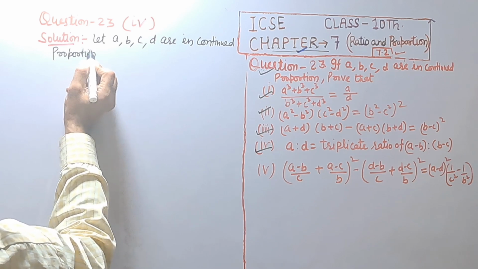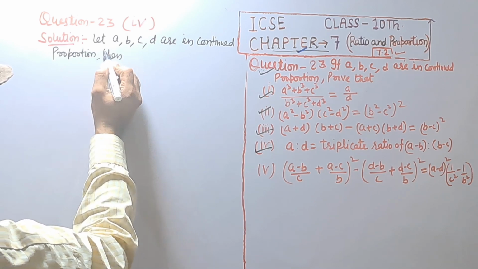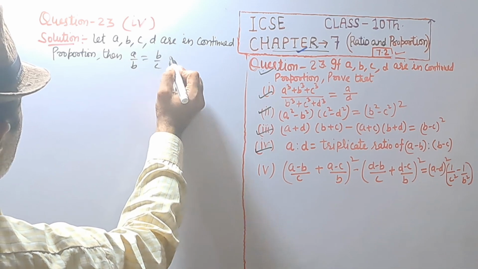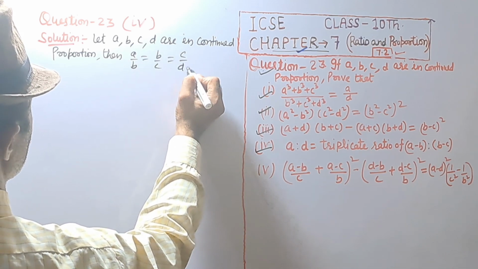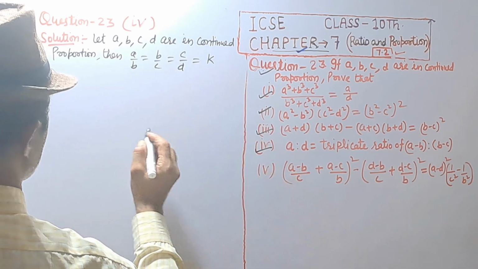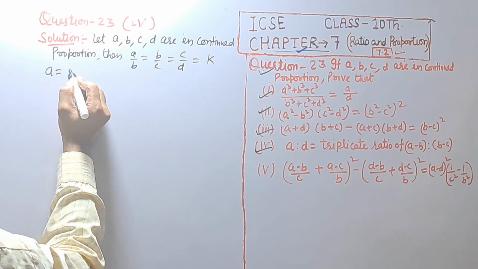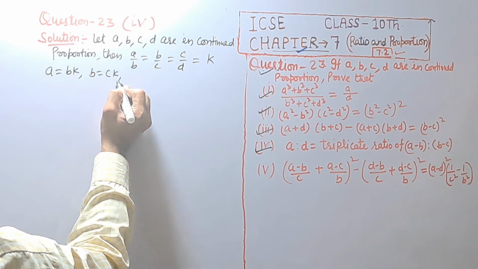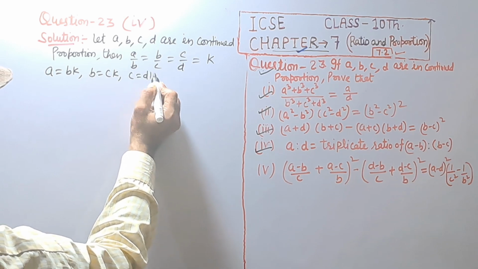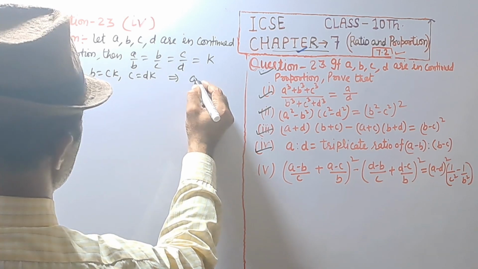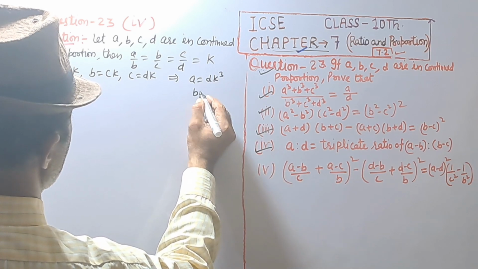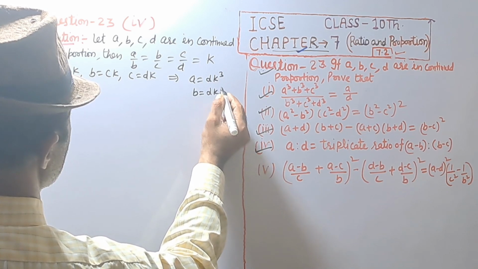Then a upon b is equal to b upon c is equal to c upon d, that is equal to k. a is equal to bk, b is equal to ck, c is equal to dk, which implies a is equal to dk raised to power 3 and b is equal to dk raised to power 2.